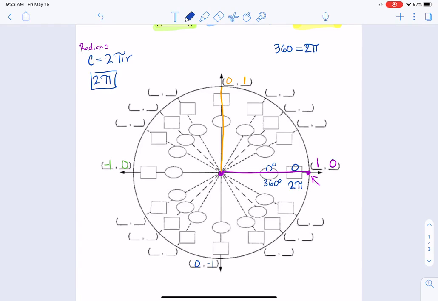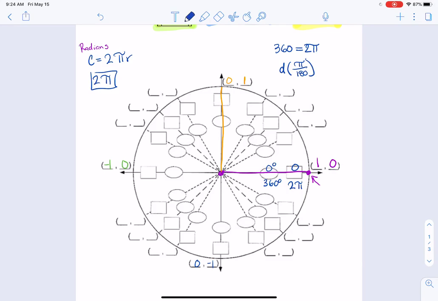To figure out how to convert between these two, I need to figure out what I would multiply 360 by in order to get to that 2 pi. So the conversion ends up being, we take our degrees and we multiply by pi over 180.